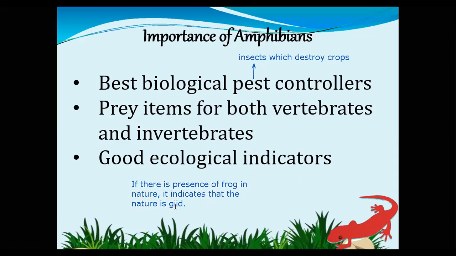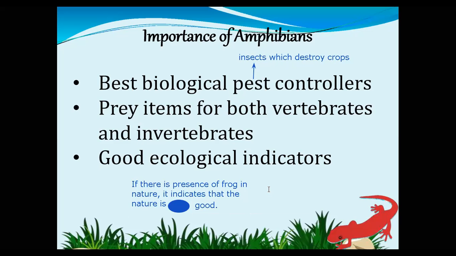Okay, here it has become wrong. Nature becomes good. If there is a presence of frogs in nature, it indicates that the nature is good. The environment is good.